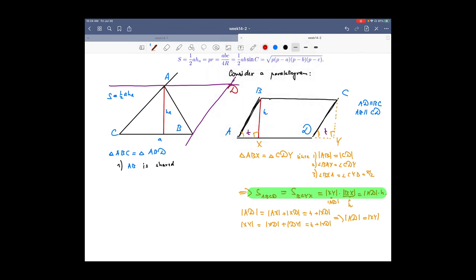If this angle is, say, alpha, this also is alpha. And therefore this is alpha, and therefore this is alpha. So angle ACB equals alpha and equals angle ADB.